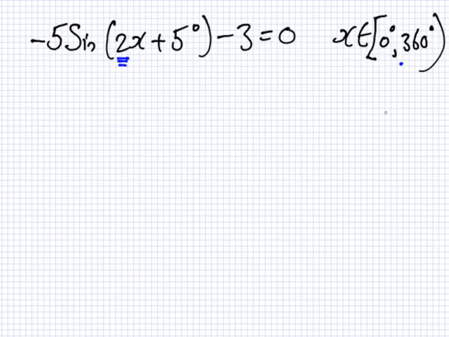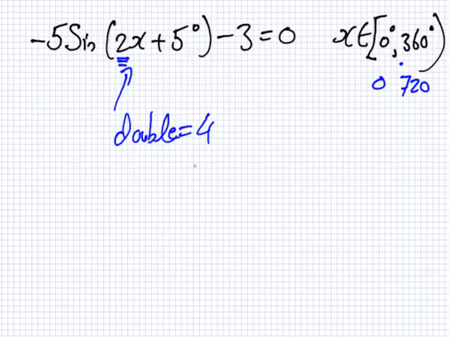So for example, if this was 0 to 720, I wouldn't have 4 answers. How many would I have? 8. So if you want a rough guideline, what you do is you take this number and you double it. So what do you get? 4, and it's 4 per circle.